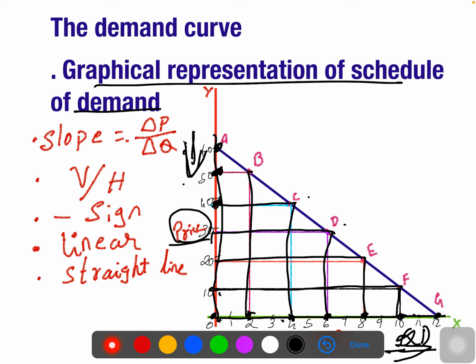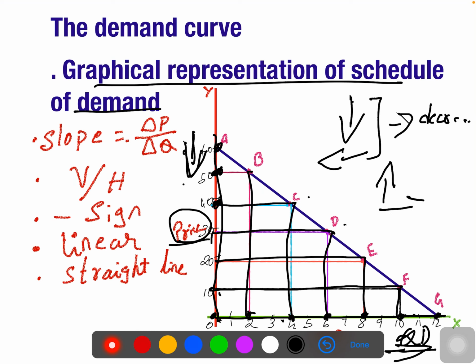To understand this, one thing you should understand: in any graph, if you are moving downward or towards the left side, both situations explain that it is decreasing. Anywhere in any graph, if you see it is moving upward, or towards the right side, these two talk about it is increasing.